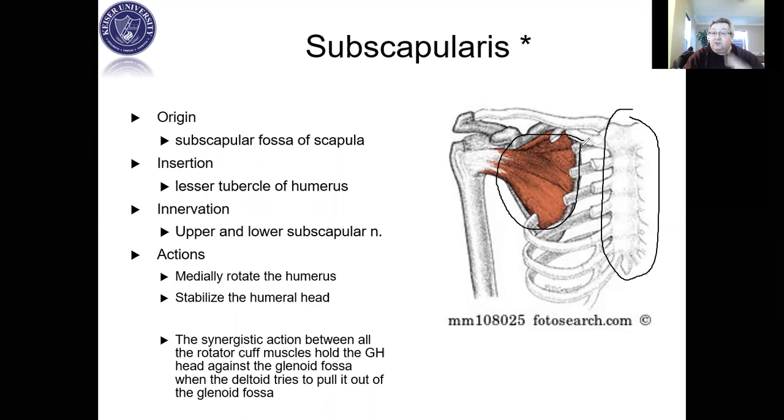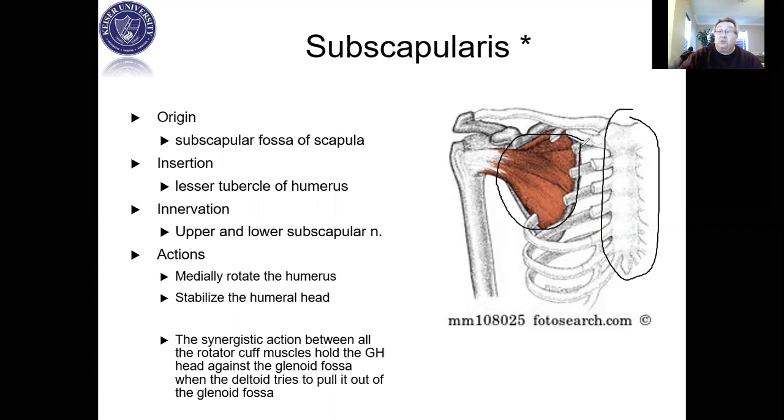So the four muscles of the rotator cuff: supraspinatus abducts the shoulder, specifically the first 30 degrees. Infraspinatus and teres minor both externally or laterally rotate.